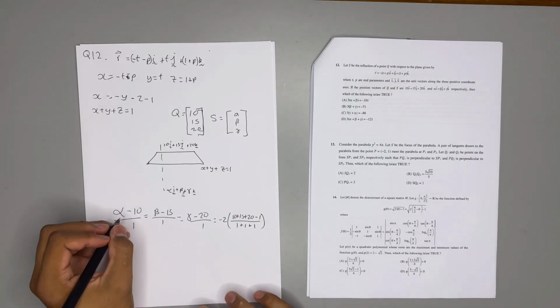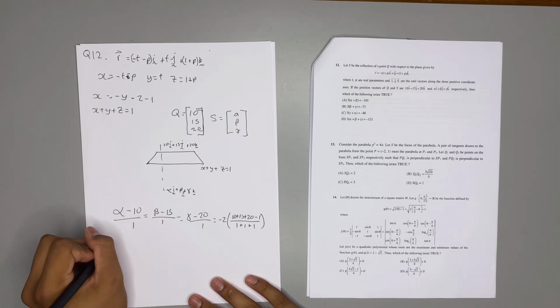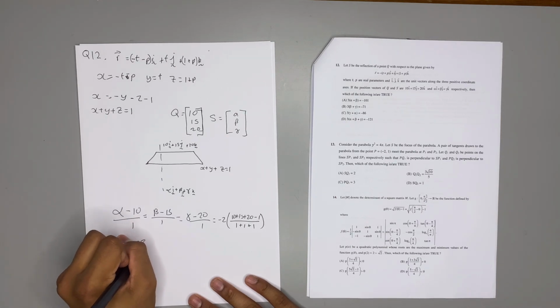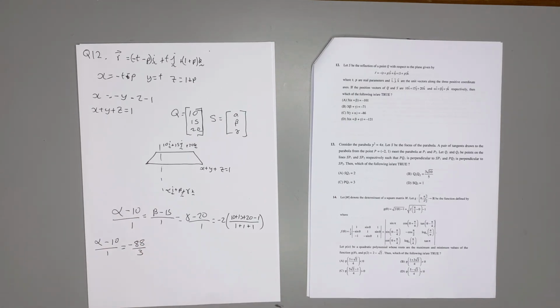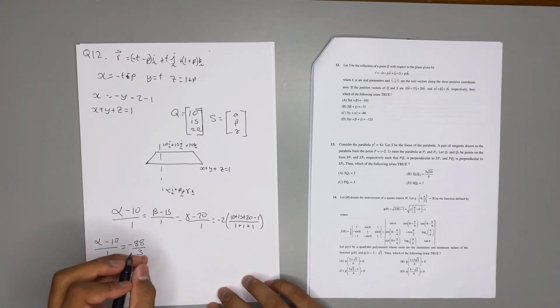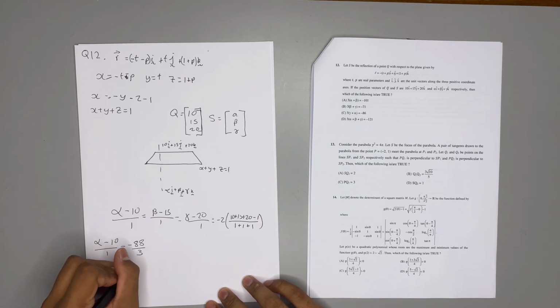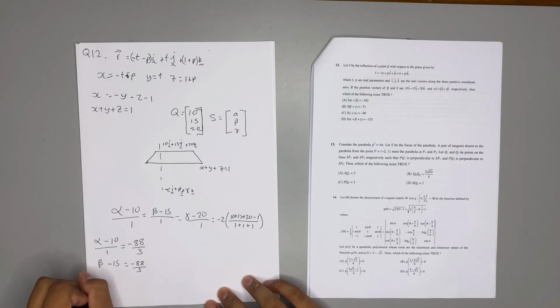This is the line of reflection formula. We then separate each variable. That equals 88 upon 3. When we simplify this, beta minus 15 equals negative 88 upon 3, and gamma minus 20 equals negative 88 upon 3.